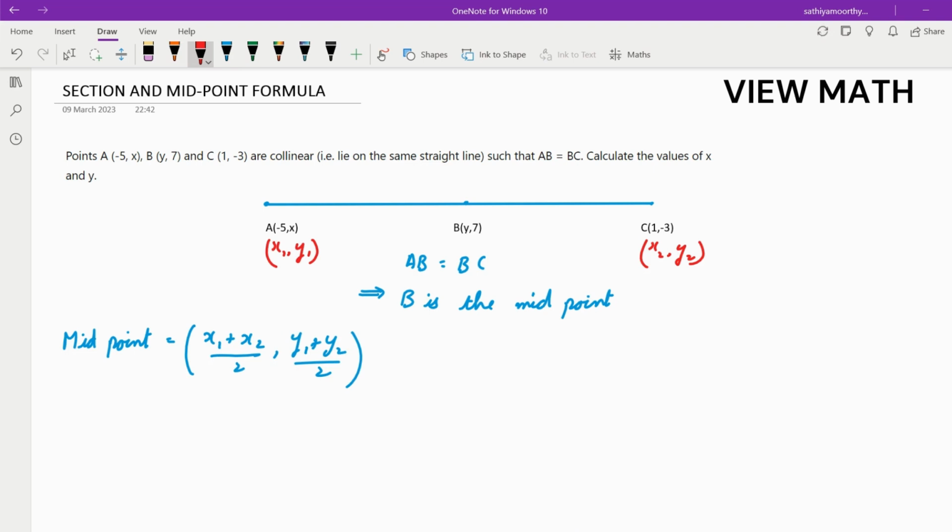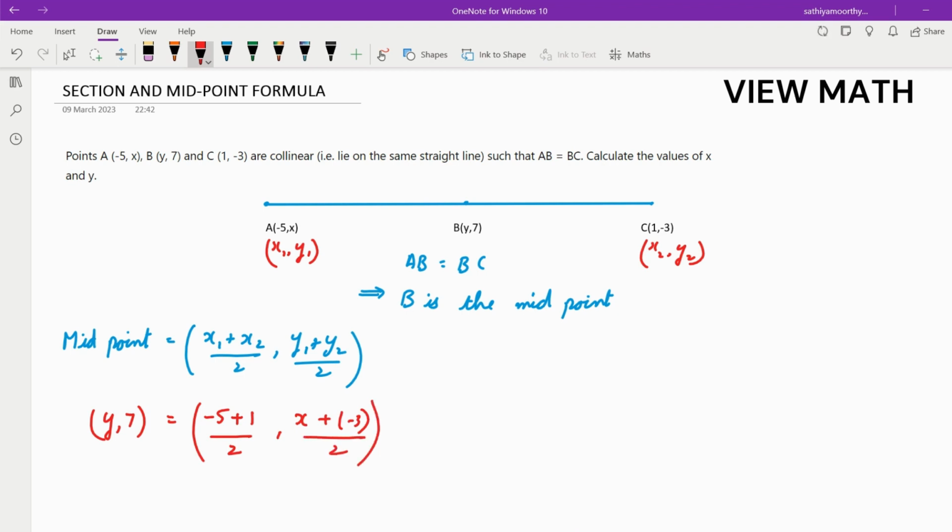Midpoint is y comma 7. So I am substituting y comma 7 for the midpoint. And then x1 is minus 5 plus x2 is 1 divided by 2 comma y1 is x plus y2 is minus 3 divided by 2.